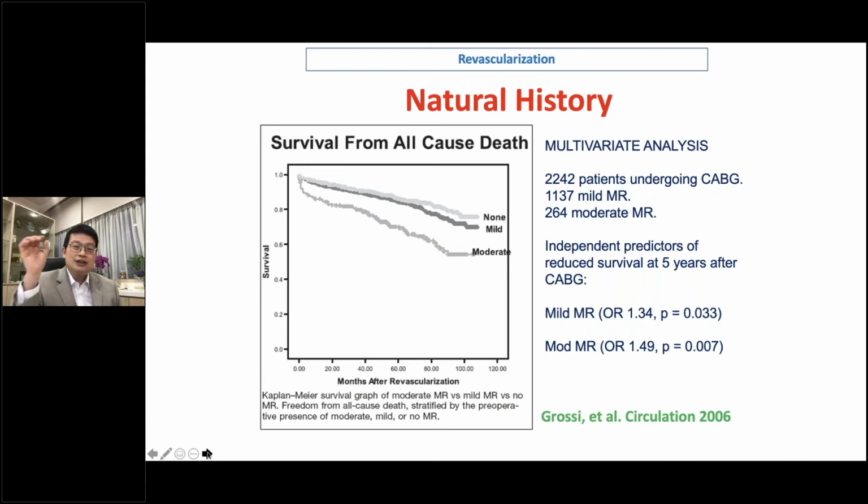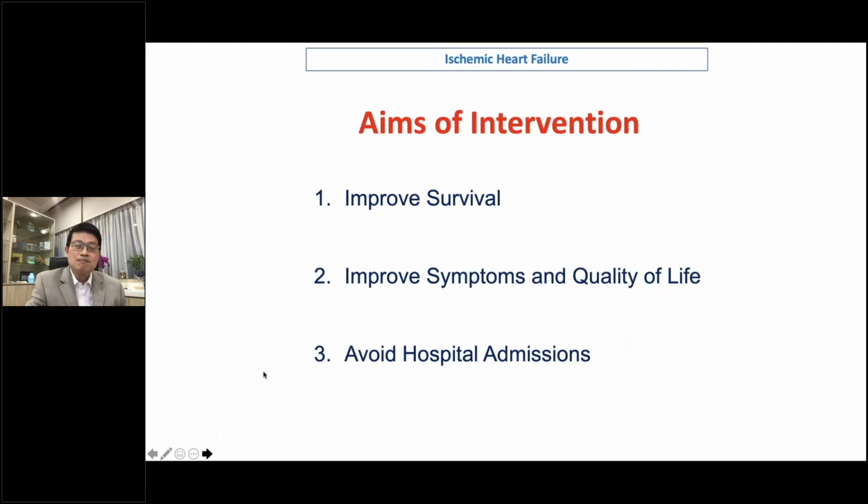And this does not seem to be improved fully with revascularization. As you can see from this study, after CABG, if they have residual moderate mitral regurgitation or even mild mitral regurgitation, then there is an independent predictor of reduced survival at 5 years after CABG.